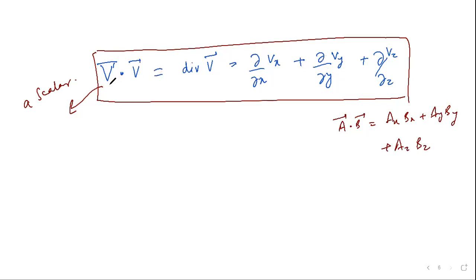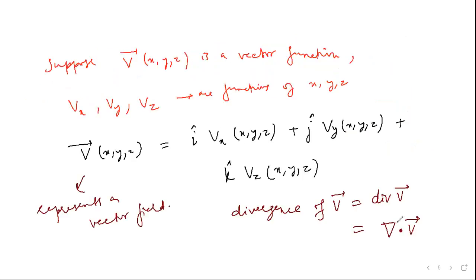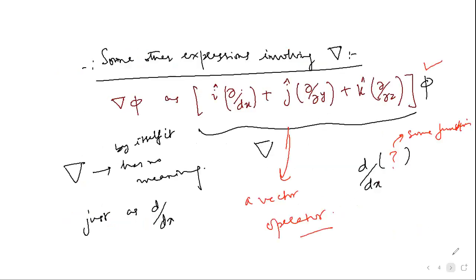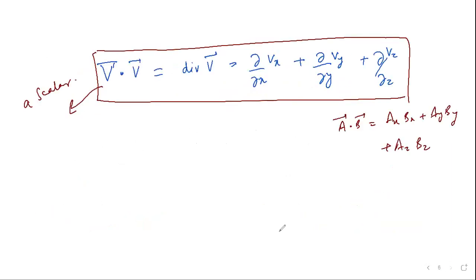Dou by dou y is y component of del, vy is y component of v. Dou by dou z is z component of del, vz is z component of v, as we know from the definition of del and v, right? So this combination of del and v is called divergence.